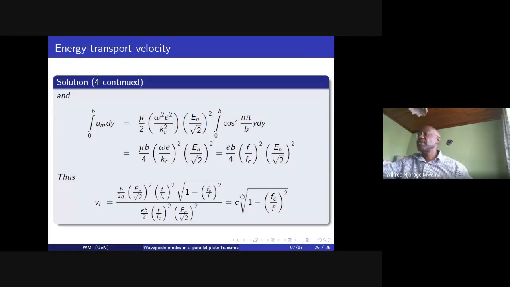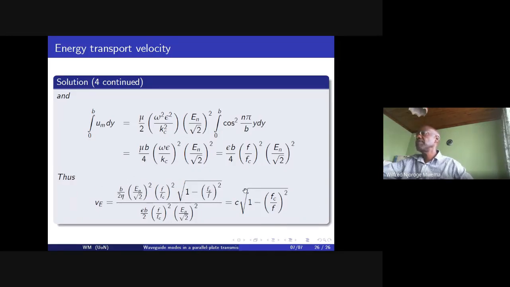And you may ask yourself, then why do we go defining new quantities like the velocity factor? The reason why we do this is because this equality is only true for the case where the guide is lossless. If the guide has losses, then the energy transport velocity is not going to be equal to the group velocity in the guide.